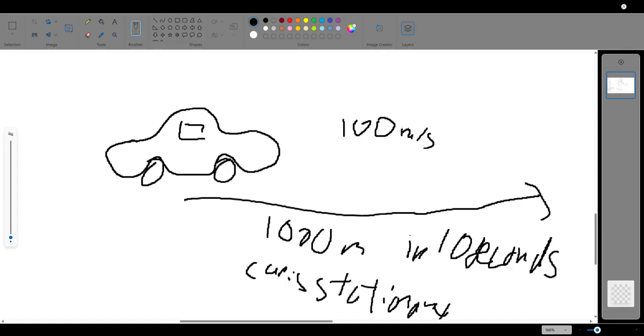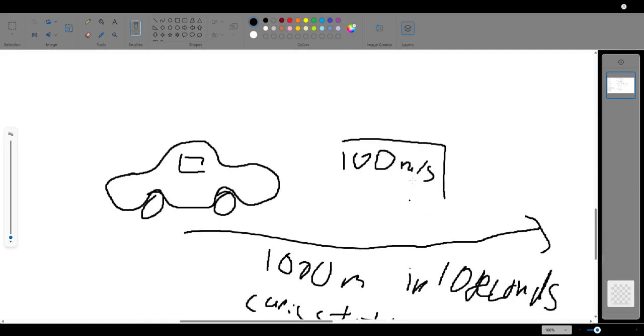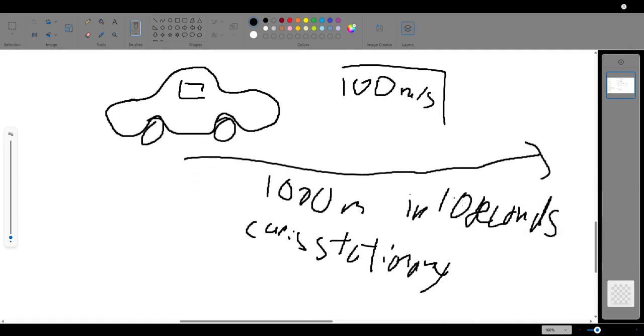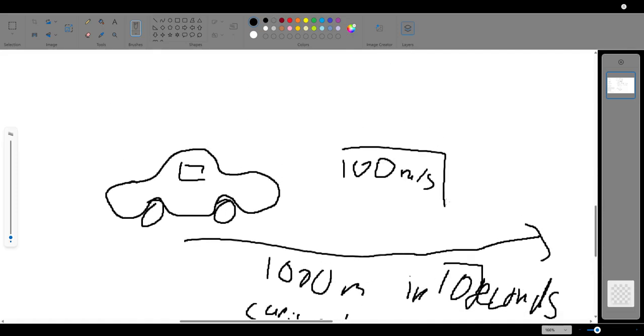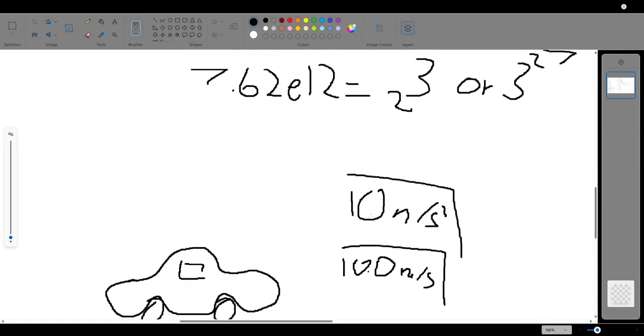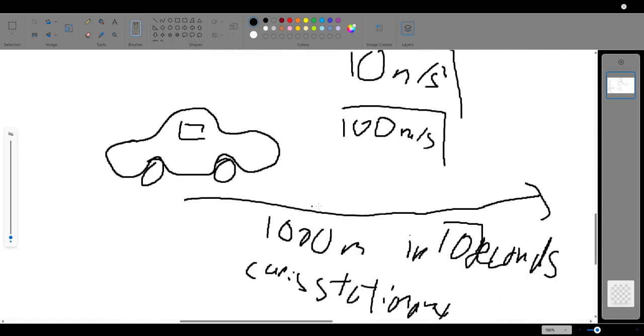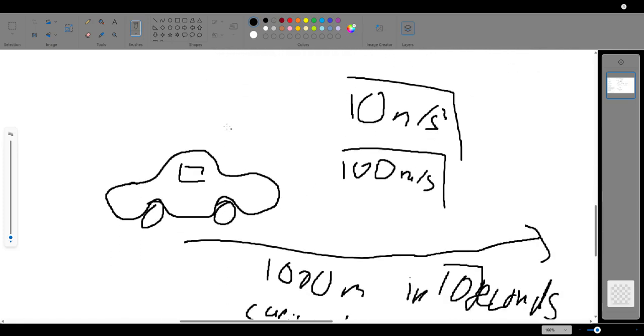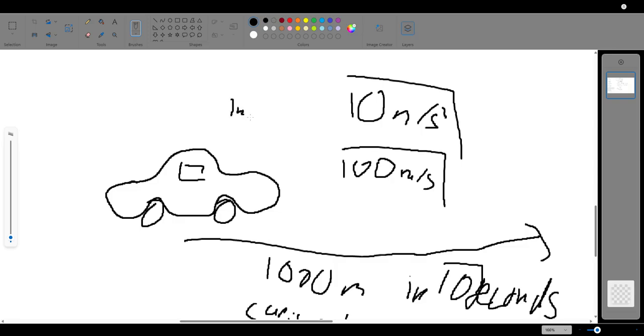Yeah. So, in order to reach that 100 meters a second in 10 seconds, at some point within 10 seconds, it would have to reach 10 meters per second squared at some point. But in order to reach 10 meters per second squared, it would also have to reach 1 meter per second cubed within those same 10 seconds.